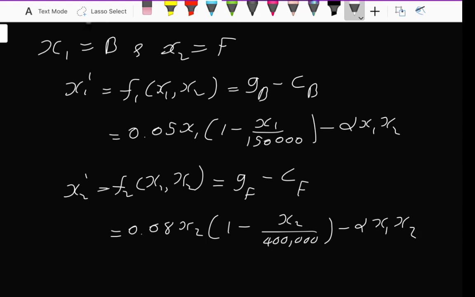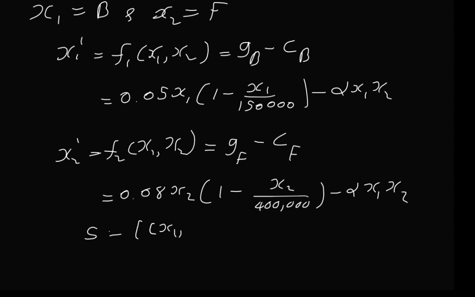So you know the state space, which is S, equals (x1, x2), because we have only two variables, x1 greater than or equal to 0, x2 greater than or equal to 0.